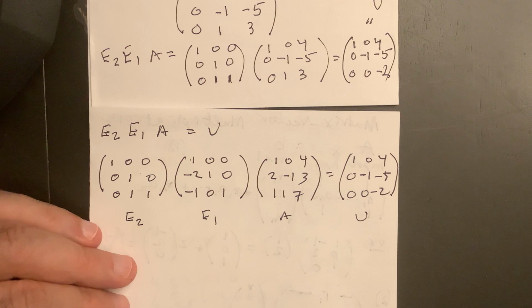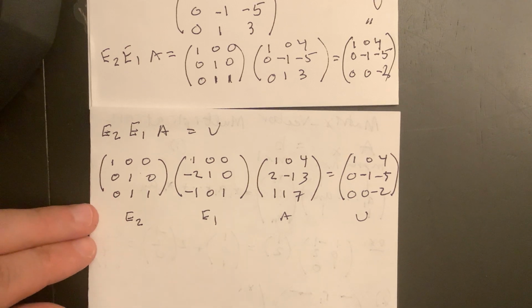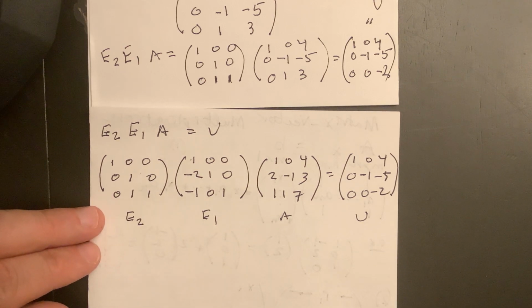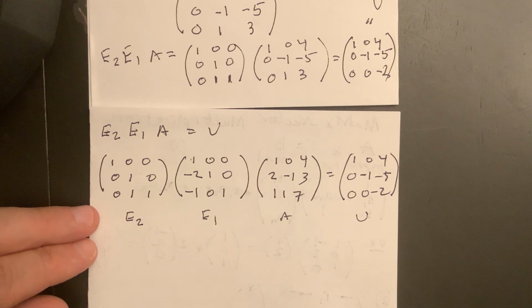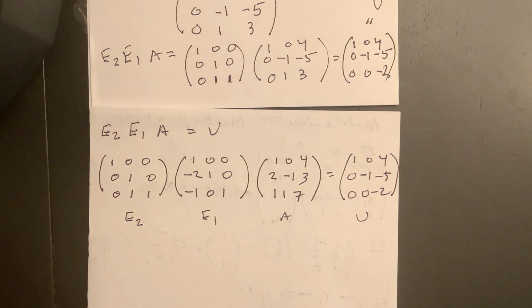Well, if I know the inverse of E2, a matrix I can multiply E2 by to make it go away, to make it become I, I can multiply on both sides by the same thing, and that should not change anything.